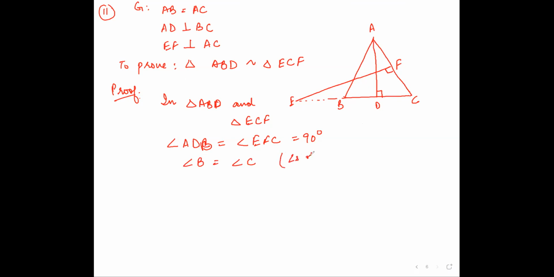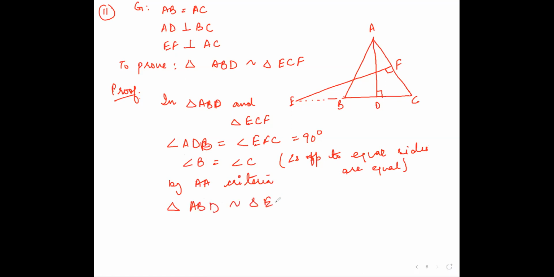Angles opposite to equal sides are equal. Yes, Rida. So which criteria is it? AA. Yes, so by AA criteria, triangle ABD is similar to triangle ECF.